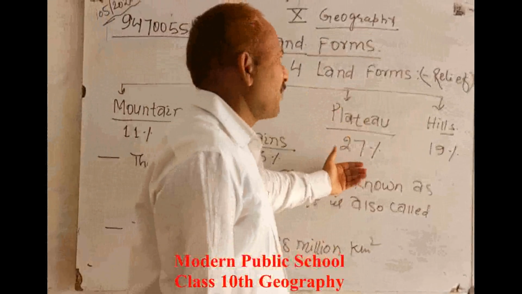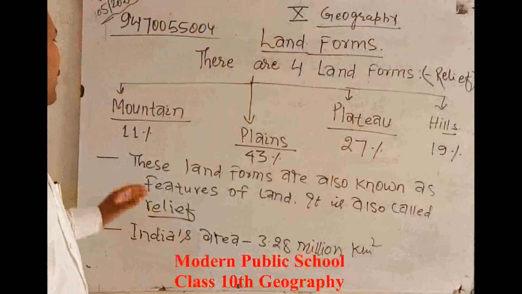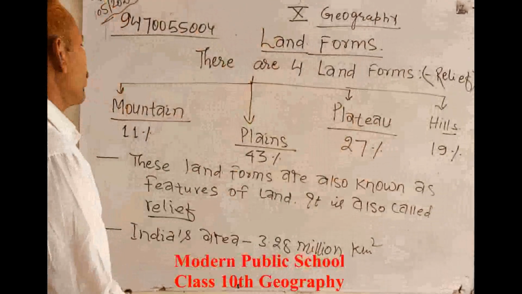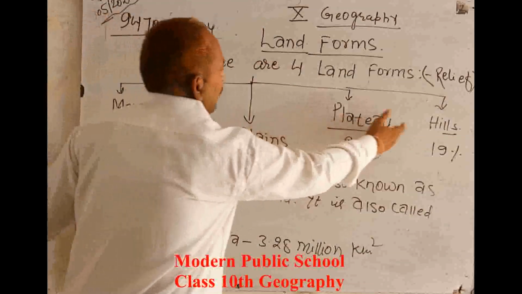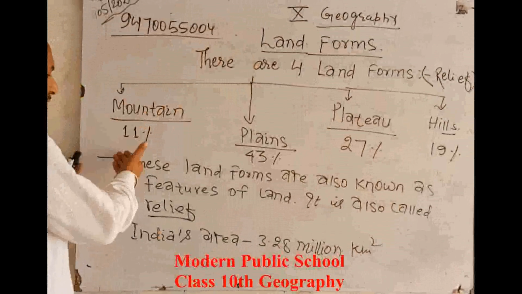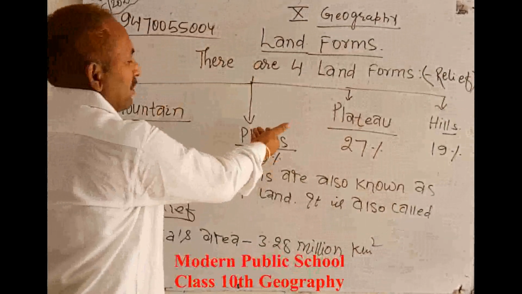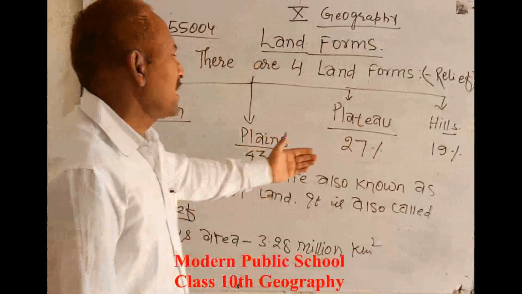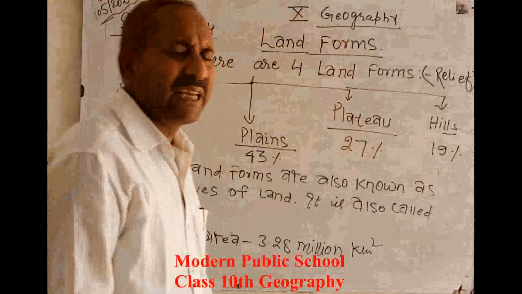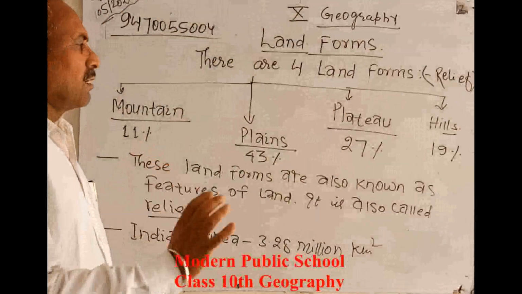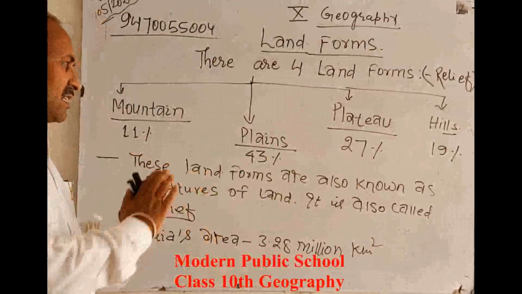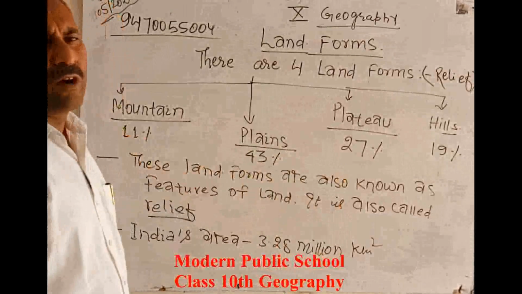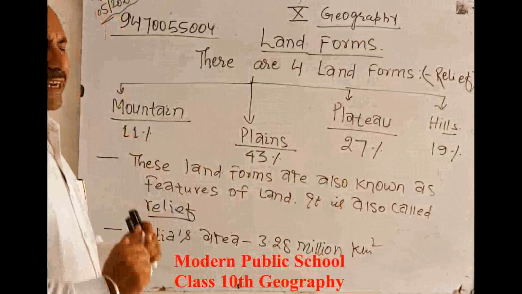Landforms में four landforms हैं. These are 11% mountain, 43% plains, 27% plateau and 19% area of our nation is covered with the hills.